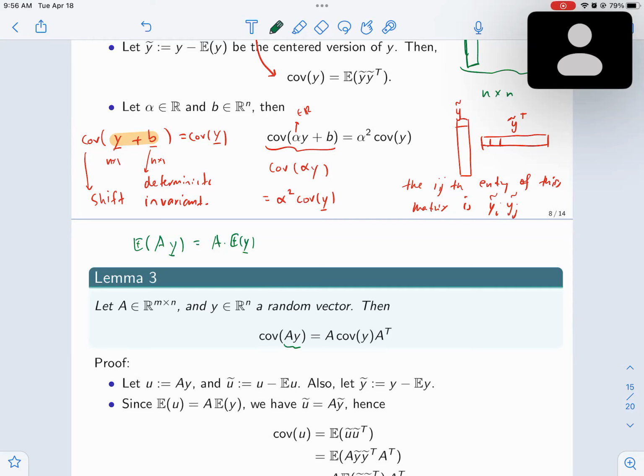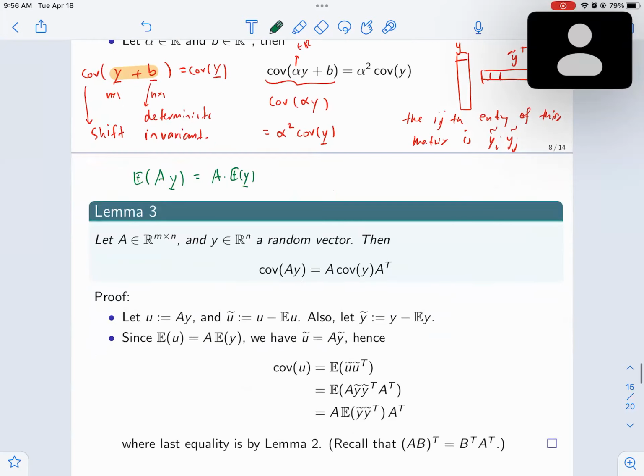So you get A, covariance of y, A transpose. This makes sense because this is m by n, n by n, and n by m, so the dimensions match and you can multiply things out. And this gives you an easy formula to calculate the covariance of the linear transformation of y. Is this statement clear?